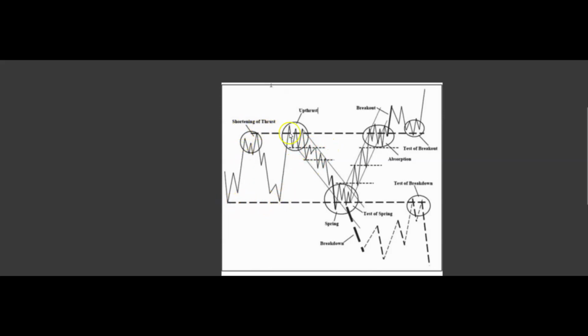The dash line here is showing the upthrust within a higher time frame sideways range, and the dash line is showing the test of a breakout within a lower time frame trend. So the dash lines are what you want to look at. Break, pullback, test. Again, break, test. Now the dash line is springing the higher time frame range, so it's an opportunity to look for a buy against the sideways range.